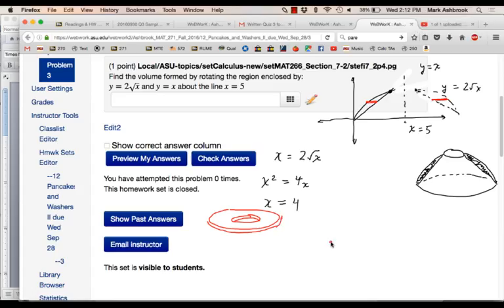Okay, so there's our washer, and we want the volume of the typical washer. So delta meaning a little bit of, right? A little bit of volume. That's our element, so a little bit of volume element. And so we know a volume of washer is going to be pi r outer squared h minus pi r inner squared h.